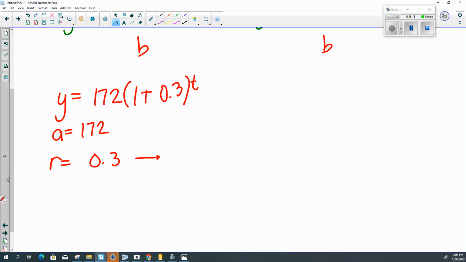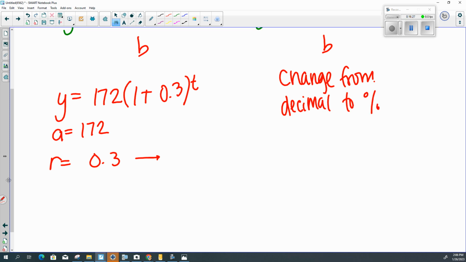All right, so in order to change something from a decimal to a percentage, which is what we're doing here, you're going to move that decimal 2 spaces to the right.